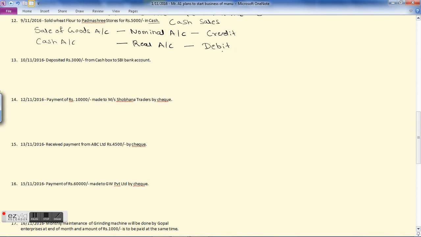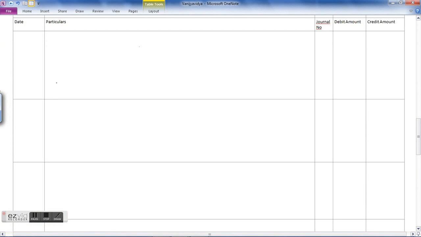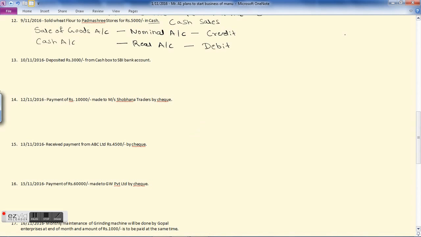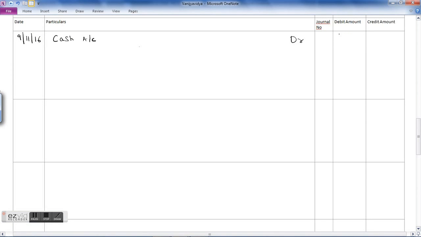So let's pass a journal entry. Date is 9th November 2016. Cash account debit, amount is 5,000, to sale of goods account 5,000.